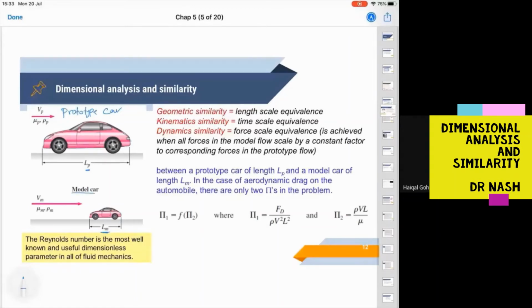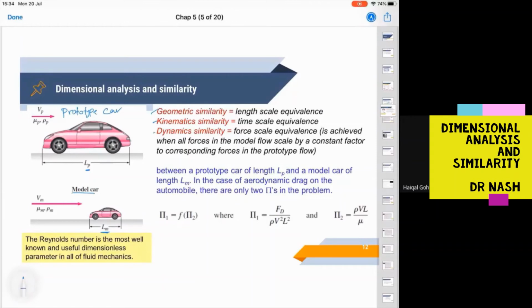So there are three things that we always keep in mind when we do the comparison study. In this case, we can name it a comparison study as well, which means we compare the model car and prototype car. But we have to be careful, three things: geometrical similarity, kinematic similarity, or dynamic similarity.